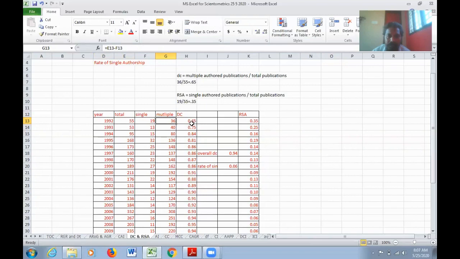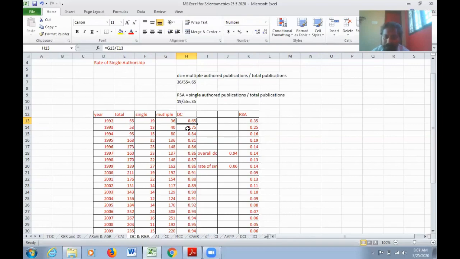Now let me calculate degree of collaboration. The formula is given by C. Subramaniam. It says that multiple author publication, that is G13. What is G13? Multiple author publication 36 divided by total publications. What are total publications? It is E30, that is 55. 36 divided by 55.